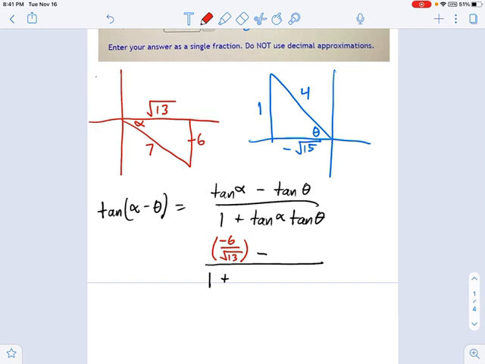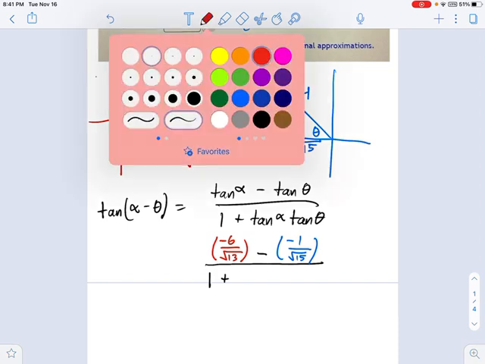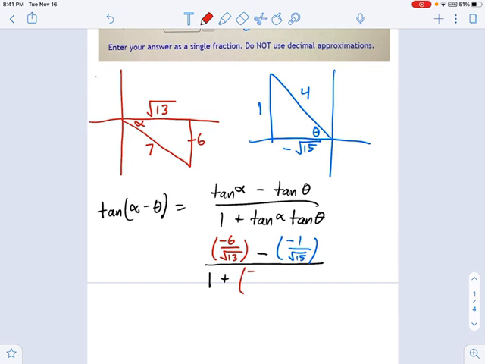And tangent of theta is going to be -1 over root 15. You see, I didn't write 1 over negative root 15. There's nothing wrong with writing that, it's just that I didn't want negatives on my denominators. It's annoying to keep track of. And now I multiply those two fractions together, so I have -6 over root 13 times -1 over root 15.